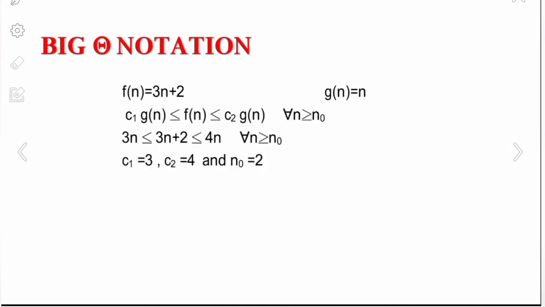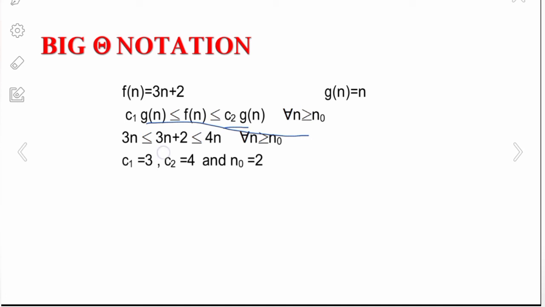So let us see an example here, the same example for the f of n function 3n plus 2 and g of n equals n. We are writing the formula for this function for the big theta notation and substituting the same values in this formula. So c1 is 3n less than or equal to 3n plus 2, and c2 is 4n.